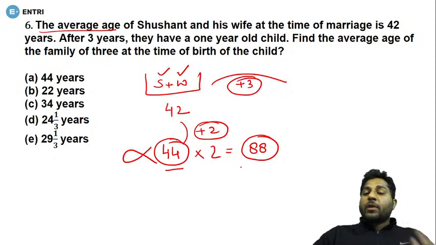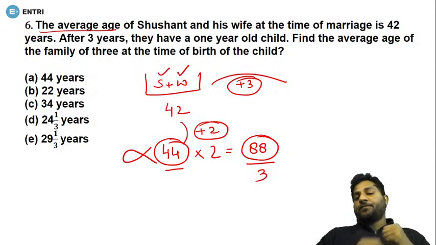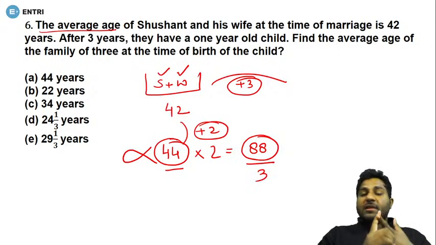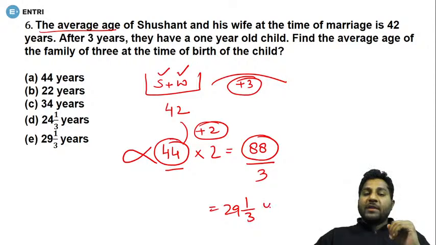Then how are you going to find the average age? You will divide by the total number of persons, and after 2 years that will be 3. But the newborn child will be at 0 age. The answer would be 29 whole 1 by 3 years.